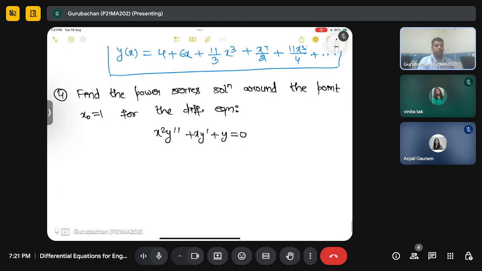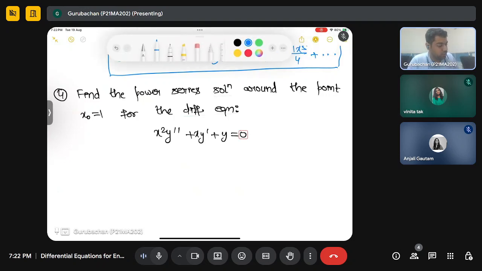So here we already told that we have to find the solution around this x naught equal to 1. So what we have to do? We have to directly think about the series, look for the series y(x) equal to summation n 0 to infinity cn x minus 1 to the power n.